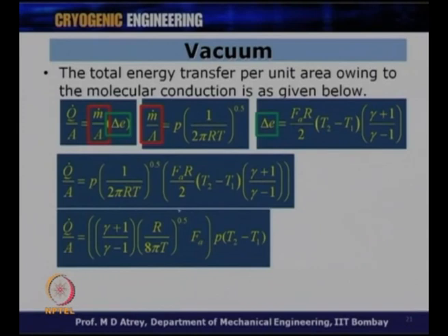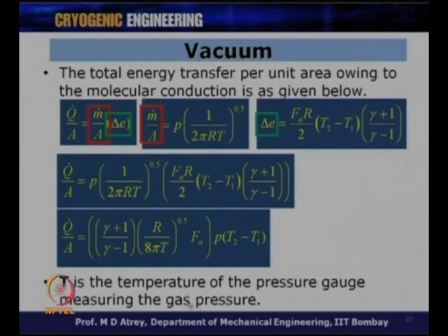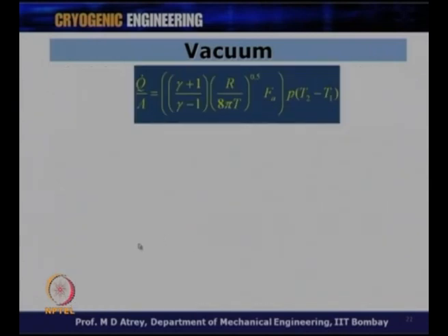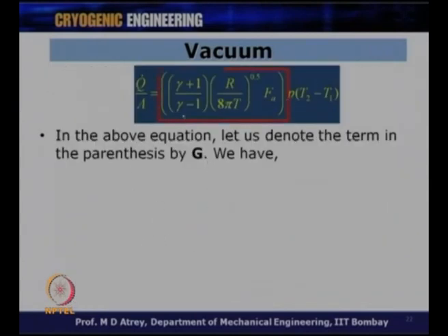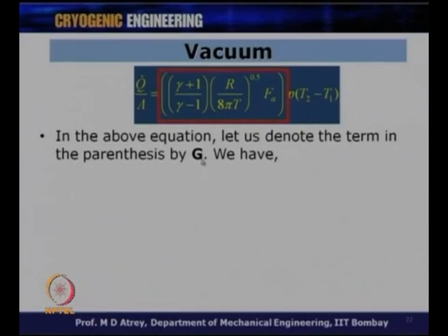Just rearranging that, I will get Q by A is equal to this expression. You have a big bracket over here multiplied by P, which is the pressure, into T2 minus T1. T is the temperature. This T is the temperature of the pressure gauge measuring the gas pressure. So, wherever I am measuring this P, this T is going to be the corresponding temperature where the pressure is measured. Rearranging these terms again, I will call the entire bracket G, because in this bracket you can see there are a lot of constants.